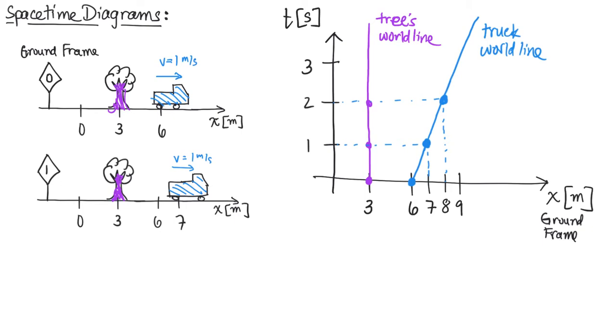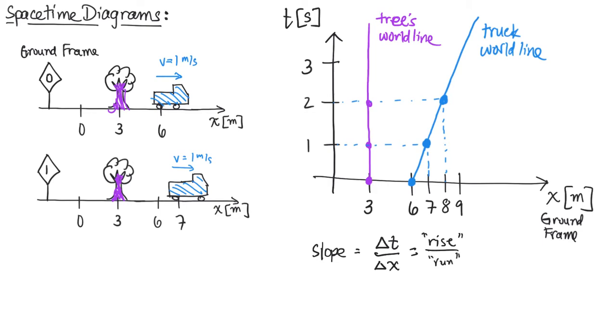So let's look at this a little bit. The slope of the world line is a change in time, that's like the rise, over the run, delta x. So if you like, that's rise over run.